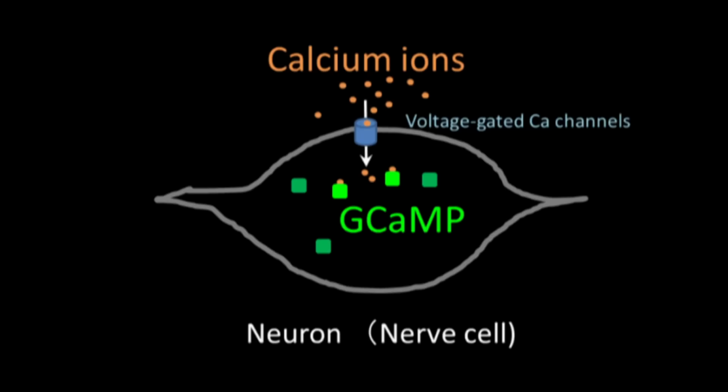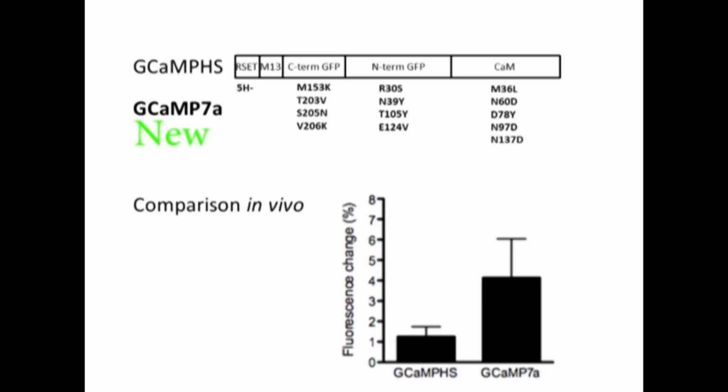Because calcium influx occurs when a neuron is activated, we can use GCaMP to detect neuronal activity. Further, in this study, we developed a new GCaMP, which is more sensitive than the old GCaMP.